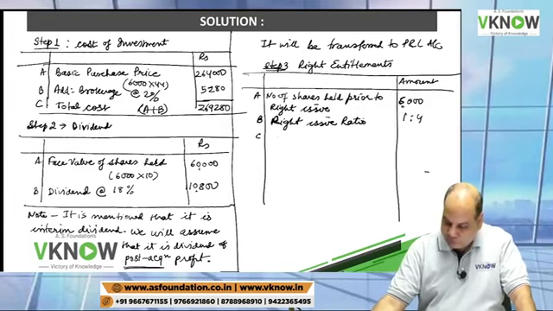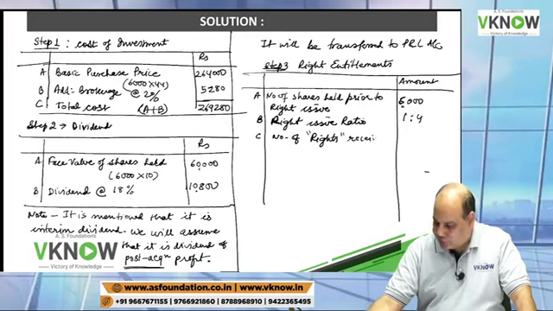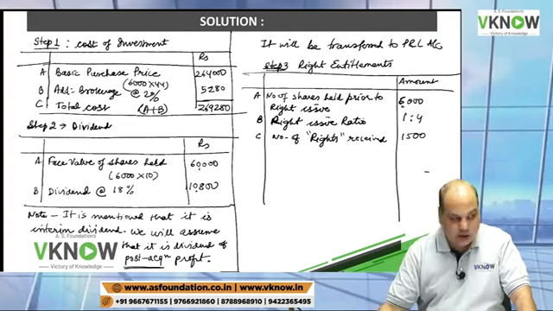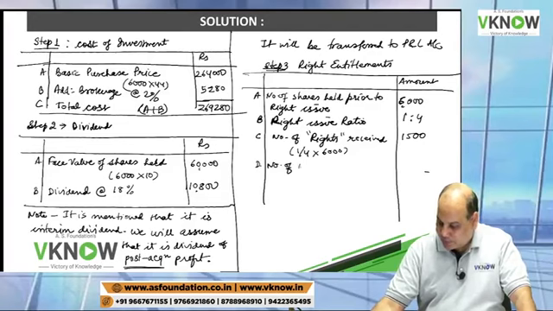Point C, number of rights received. So that will be 1500, 1 by 4 into 6,000. Number of right shares purchased.